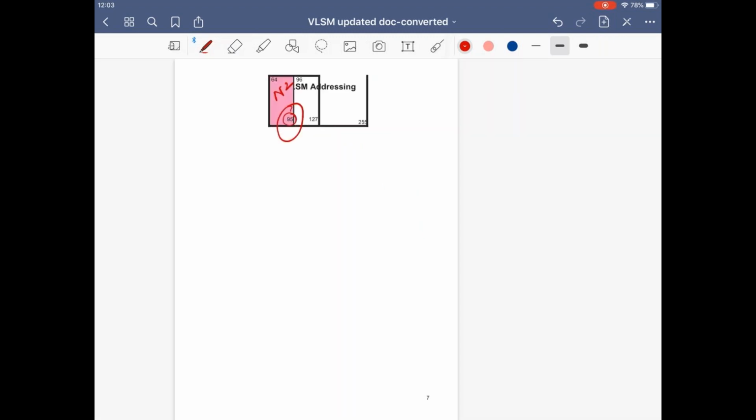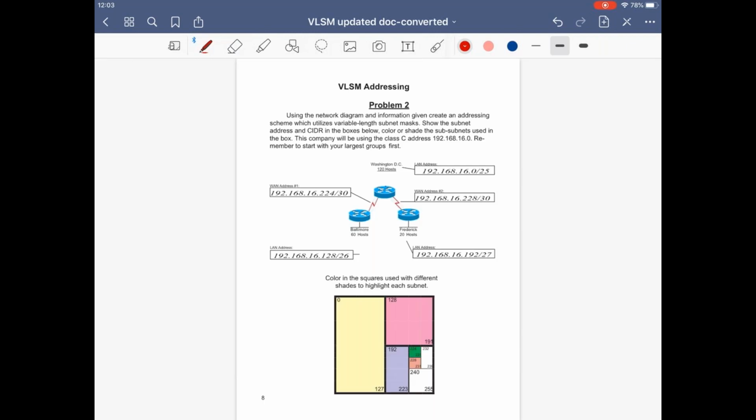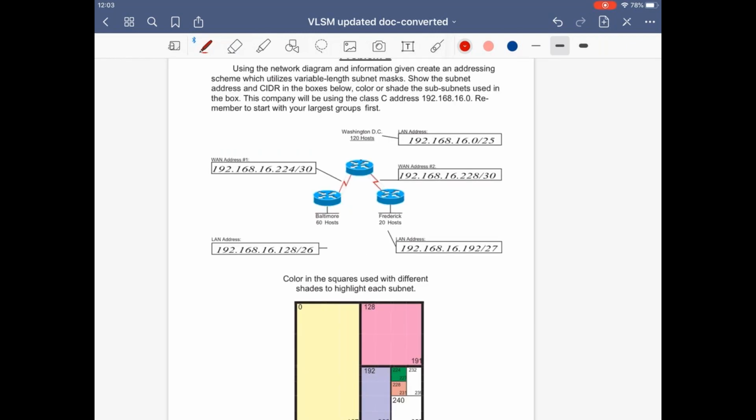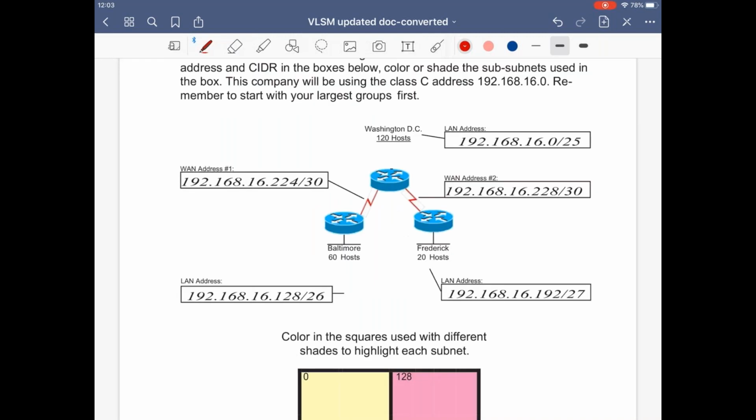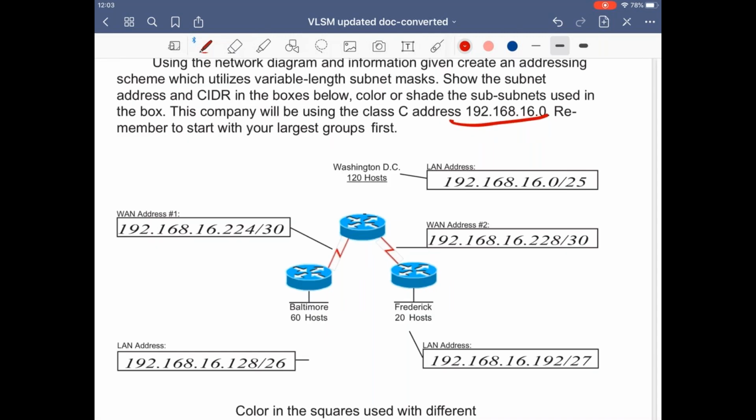Now do this one. This is the given IP. This seems a little difficult. Let me check. How many networks do we have? We have 1, 2, 3.